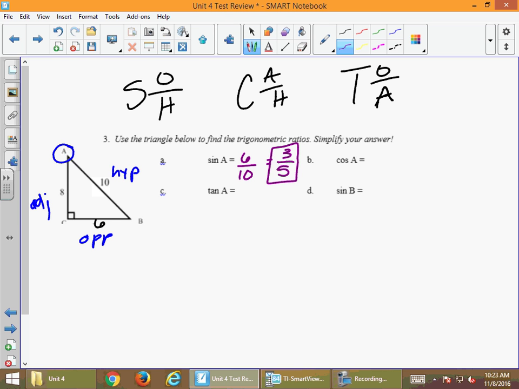Same thing with B. We have to find the cosine of A. So go to SOH CAH TOA. Go to cosine. What over what? How do we set that ratio up? What does the A stand for?